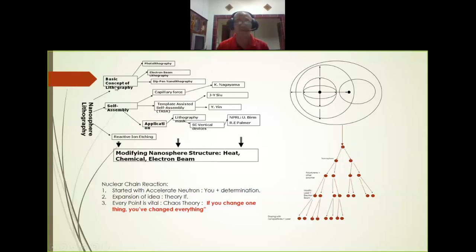What if, the basic concept of lithography? If lithography can be used with just wavelength, and now if the wavelength is much smaller, then we can use electron beam. So the "if" is becoming important here in exploring your research idea.